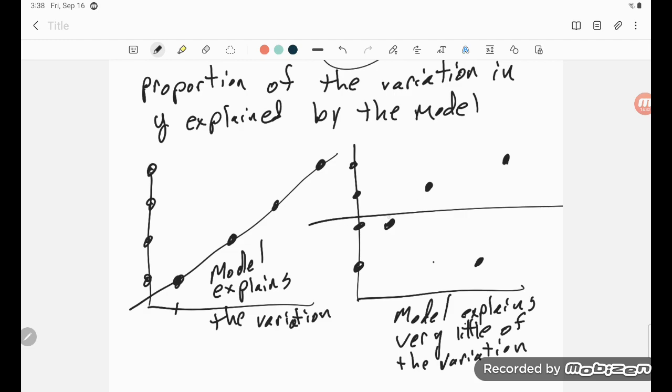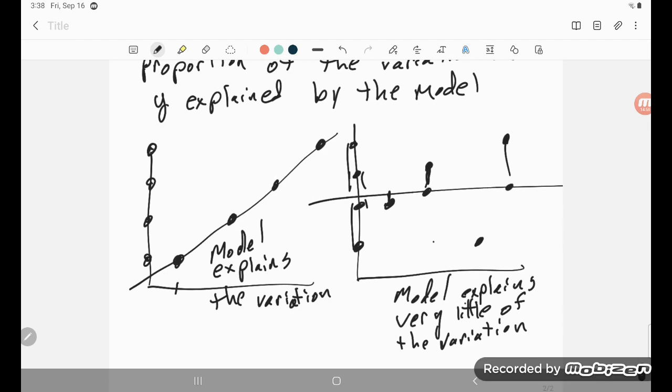Okay, because I see this variation in the y's here, but the model doesn't really predict where that variation is going to be, right? The model says, oh, the y is going to be here, but wow, it's way up there, and here it says it's going to be there, and it's not that far up.